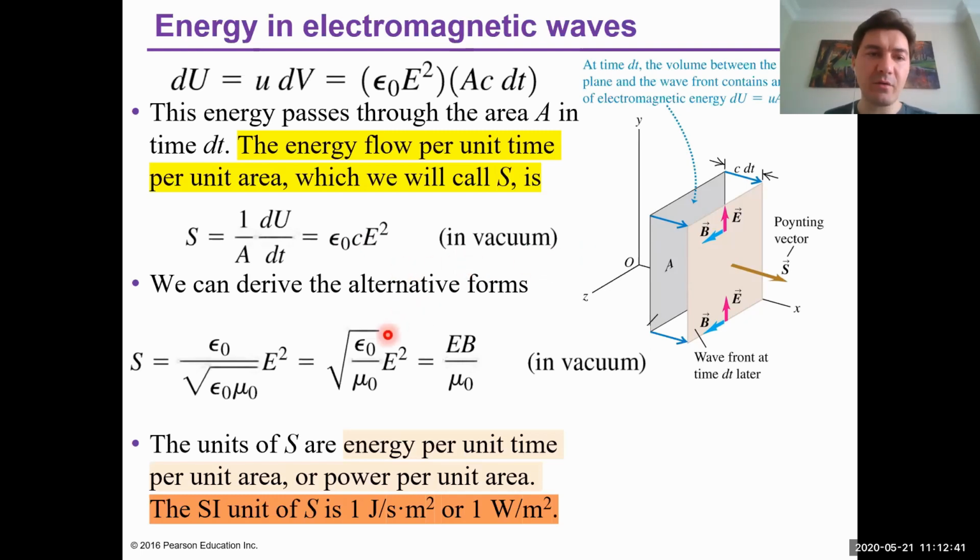And we can also write alternative forms of that S like this. Instead of c, just use 1 over square root of epsilon 0 mu 0. Or you can solve this one and write like this. Or you can write in that form, E times B over mu 0.